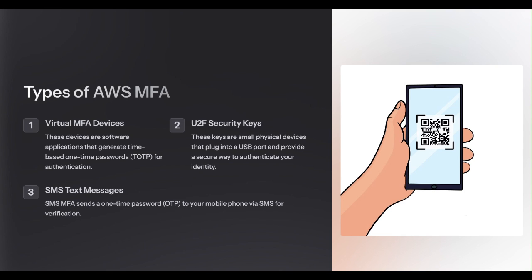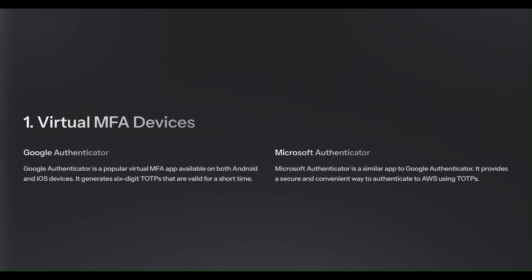While this is easy to set up, it is considered the least secure MFA method because mobile numbers can be hijacked through methods like SIM swapping. Each of these methods has its advantages depending on the level of security you need and the convenience you're looking for.